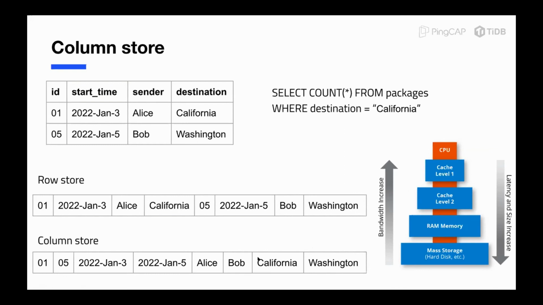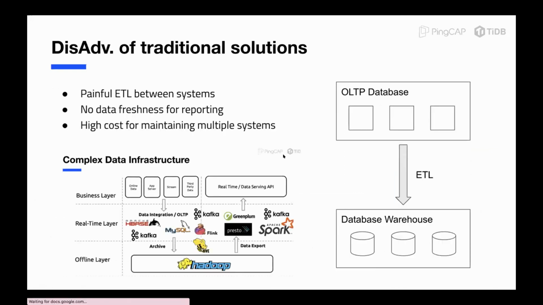Okay, cool. Now, on this slide, I'm going to compare the traditional solutions with TiDB. I've just copied this slide from Li Chuan's presentation. So traditionally, what people do is we have multiple systems, sometimes an OLTP database, and then do the ETL overnight, and put it into a data warehouse before they do analysis.